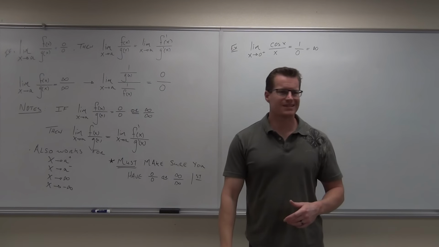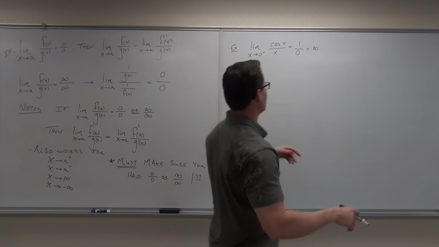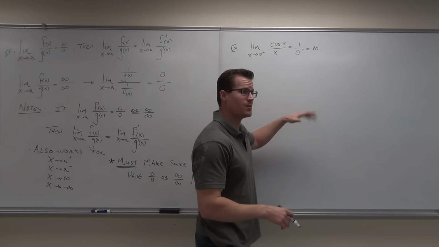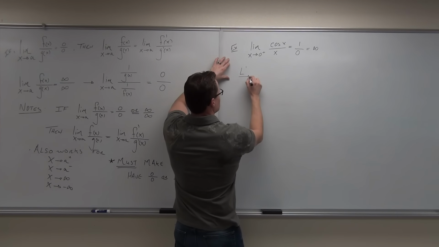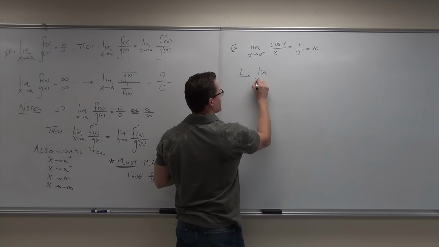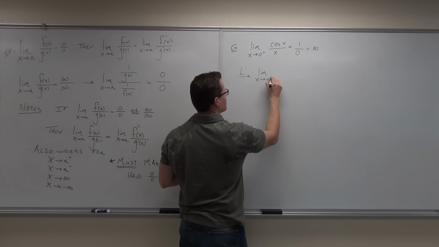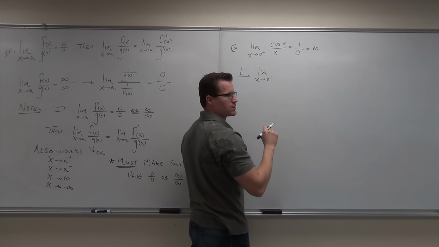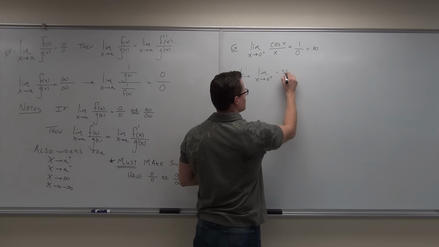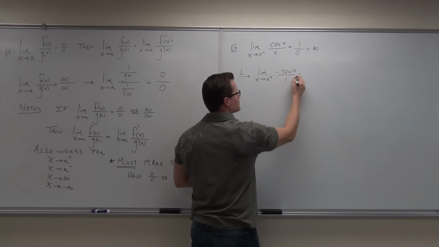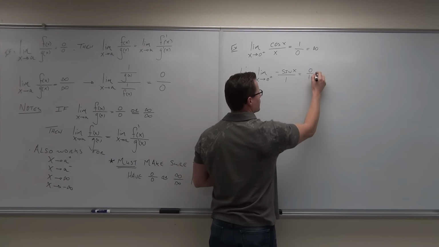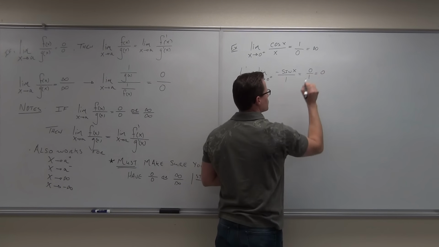However, let's say that we said, oh, wait a minute. Can't I just use L'Hopital's all the time? Look what would happen. If I did L'Hopital's rule, I would get a limit as x approaches 0 from the right. What's the derivative of cosine, please? Negative sine. Derivative of x? 1. This would give us 0 over 1, or 0.